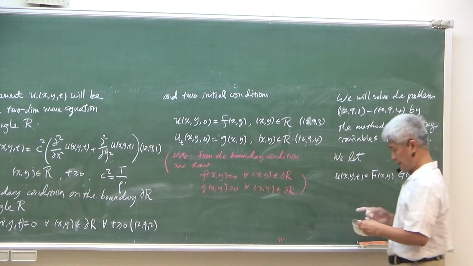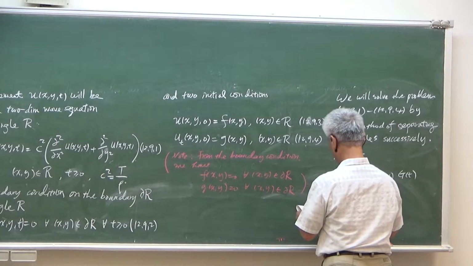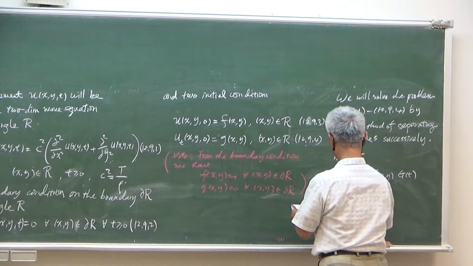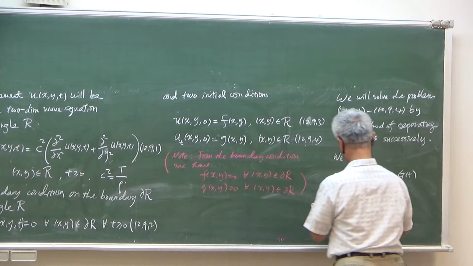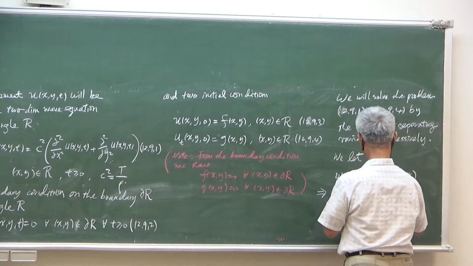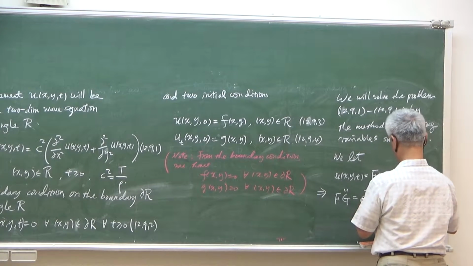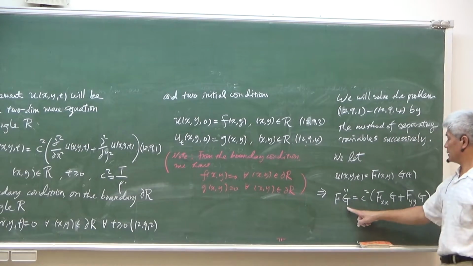So this implies that we have F G'' equal to c² (F_xx G + F_yy G).